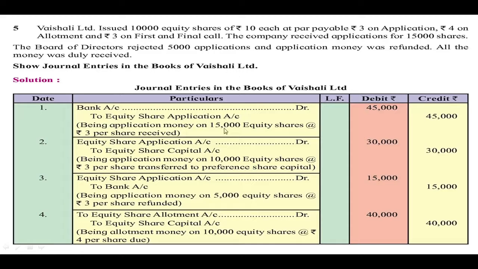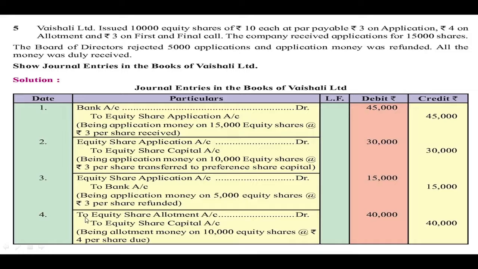So after passing the entry for the share application account, we are going to pass the entry for the allotment money. Now rupees 4 will be received on allotment, and when the letter is issued to the shareholders for the allotment of shares, first we have to pass this entry, that is the fourth entry.